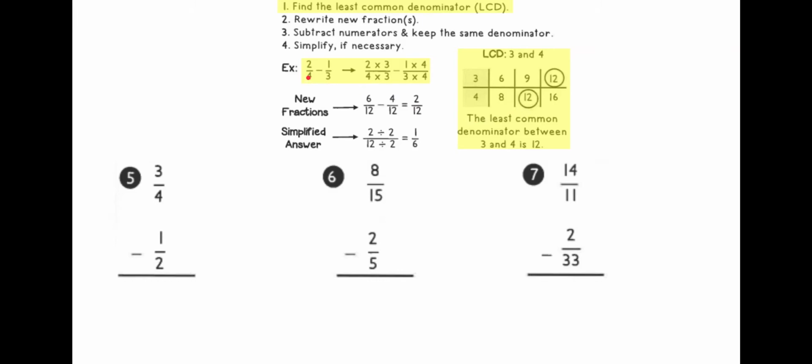You have to multiply 4 by 3, and then 2 by 3, and that gets you 6 over 12. And then for the second fraction, 1/3, you're going to multiply the bottom and top by 4, and you end up with 4 over 12. So we rewrite the fractions, and then we subtract the numerators and keep the denominator the same, and then we simplify if we can.